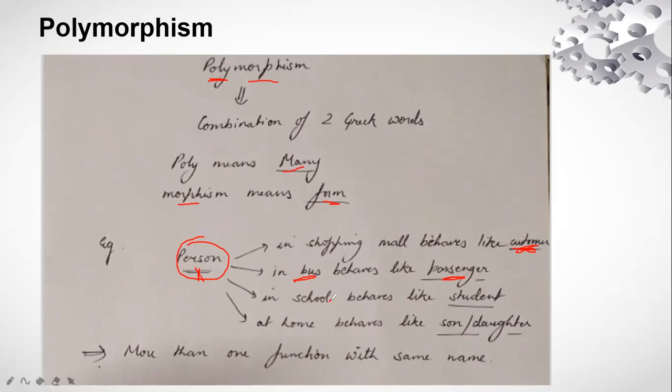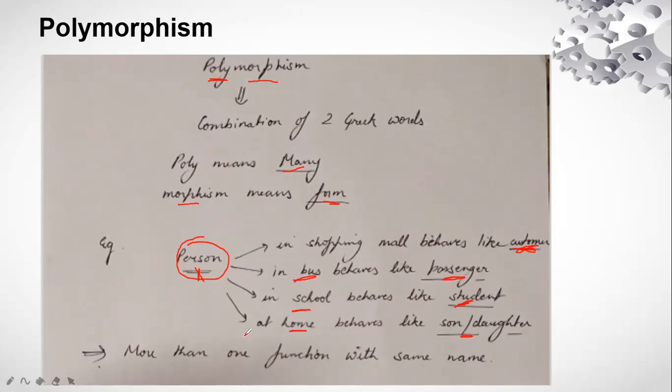The same person can be called a student when he is studying in the school, and a daughter or a son when he or she is at home. So the same person can be named differently in different conditions.